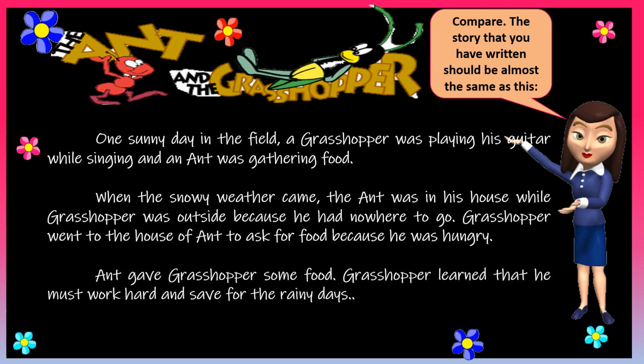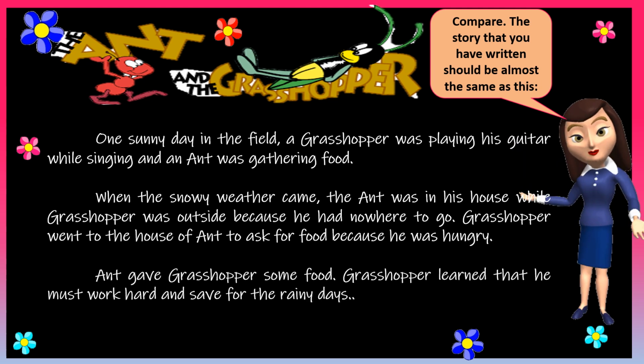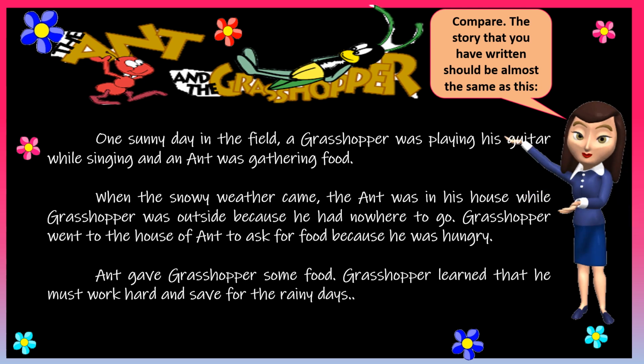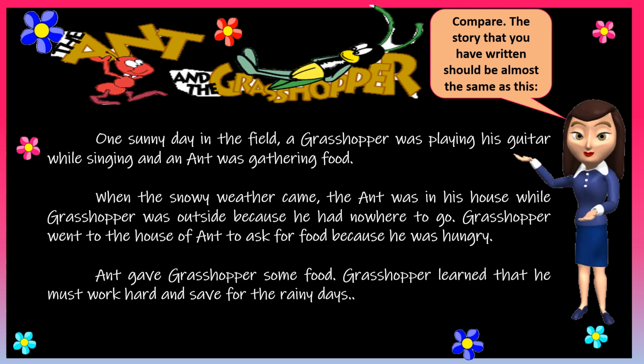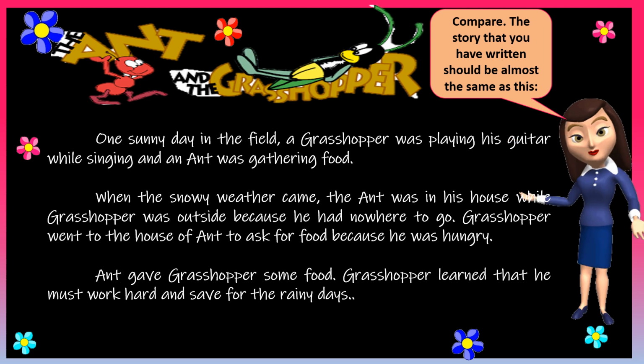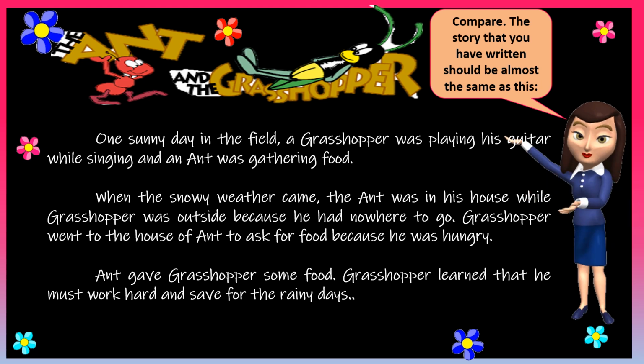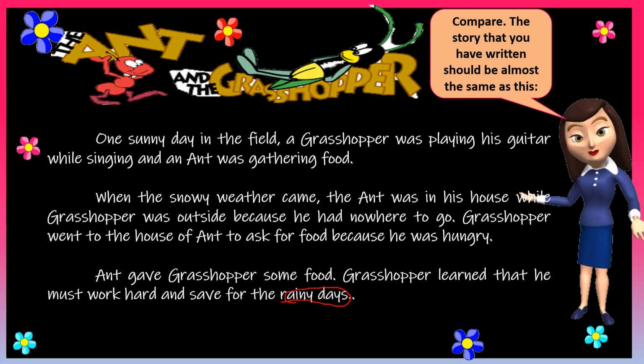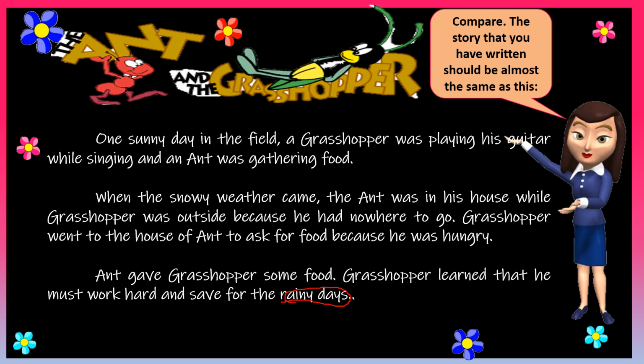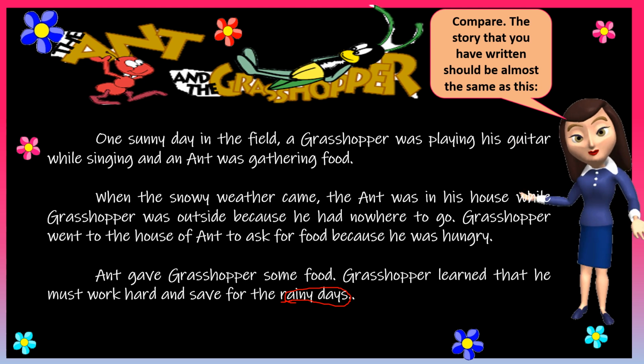Ant gave Grasshopper some food. Grasshopper learned that he must work hard and save for the rainy days, or save for the future. Well, actually, class, it's not just rainy days because in the picture, that was snowy. So, snowy season, snowy weather, or you can also use for the future, okay?